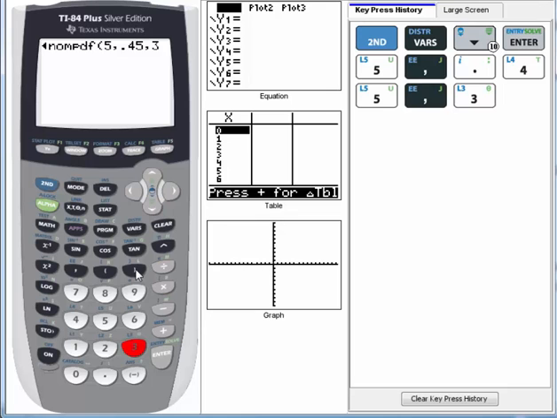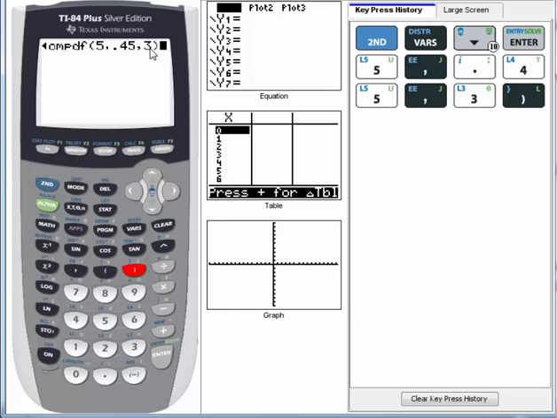Some of the calculators, instead of giving you the function like this, will show you trials, P, and X. And if it does, you need to put in 5 for your trials, 0.45 for P, which is the probability of success, and then 3 for X.